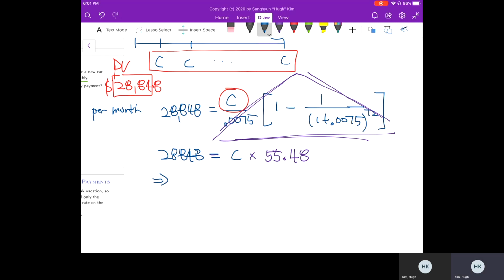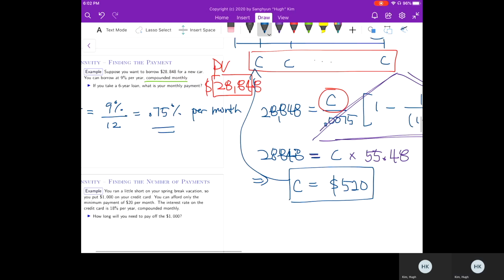You can solve for C, and you're going to get $520. So that's going to be your monthly payment on this particular loan.